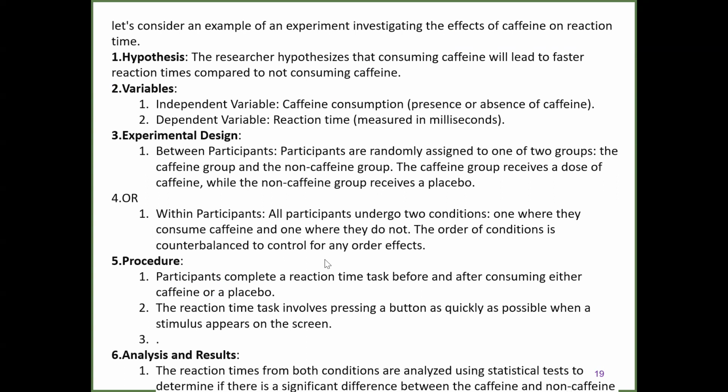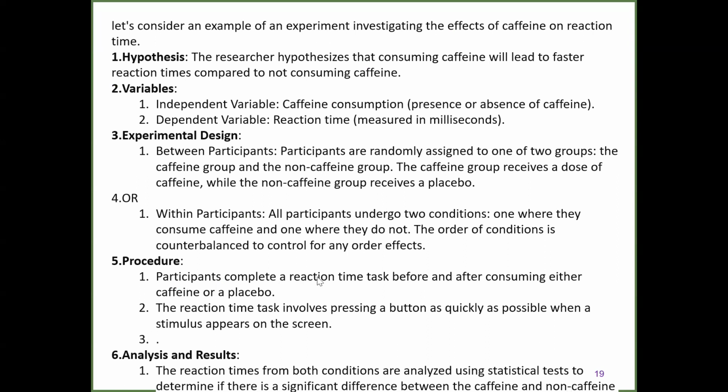So you can execute the experiment by giving this group a coffee, and the second time, you use the same group of people to participate in the experiment by not giving coffee to them. Or you can change the order.